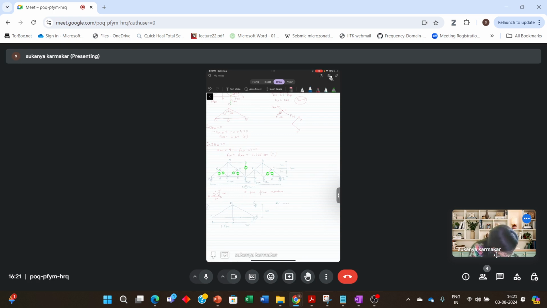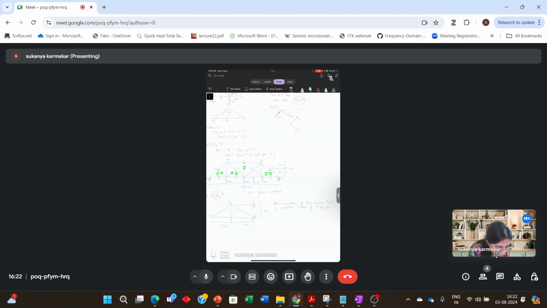All members of the truss. Usually, we don't consider the self-weight in a question of truss, but I am giving you such a question. All members of the truss have a uniform mass of 8 kg per meter.